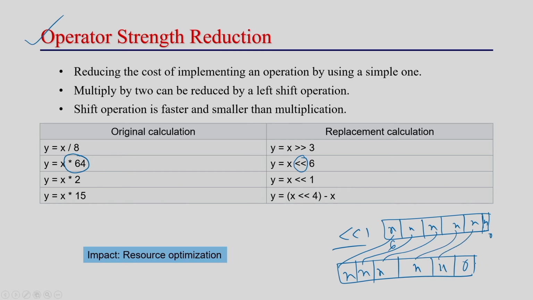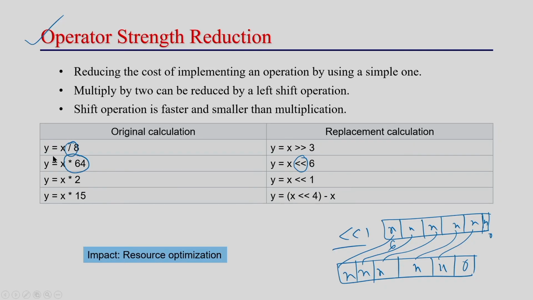The multiplier is a computation intensive operation. I just replace it by a shift operation, which is nothing but bit assignment, and it needs no resource, right. So, multiply by a constant, divide by a constant, those can all be replaced by a shift operation. For example, x by 8 is nothing but a right shift by 3 bits.